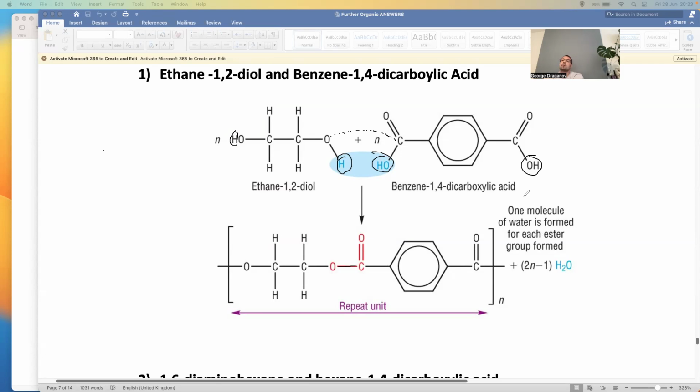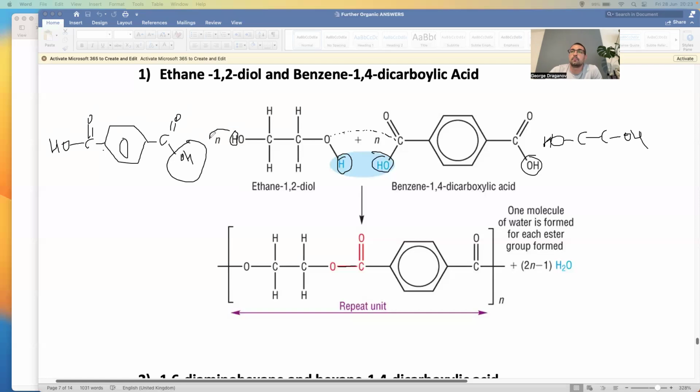Now, why is it 2n minus 1? Well, if you picture another diol here with an OH, and you picture another dicarboxylic acid here, then what you've got to picture for yourself is that this will form water here, this part, and this part here with the H will form water.